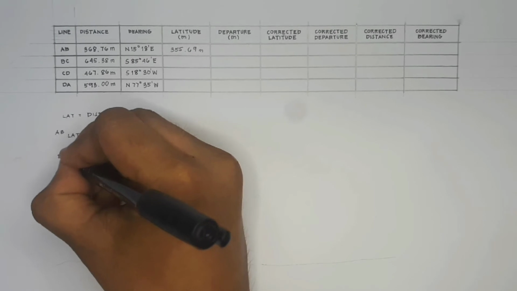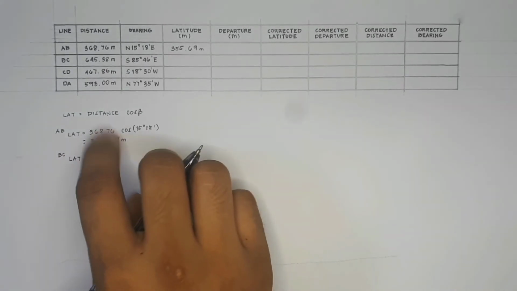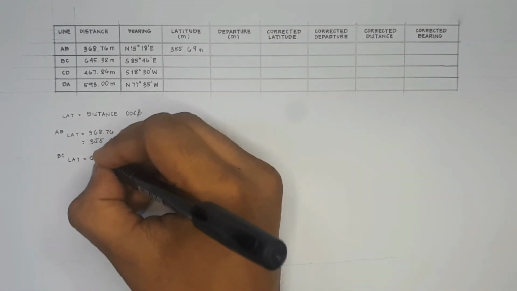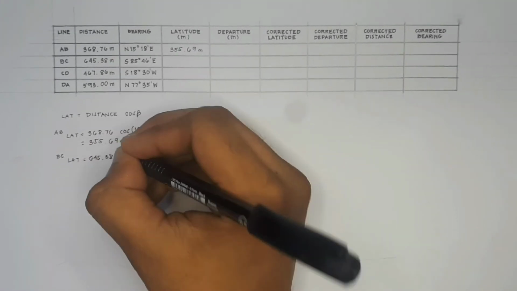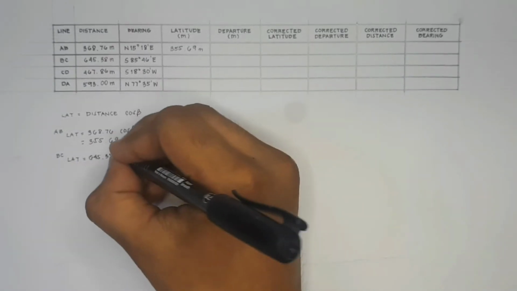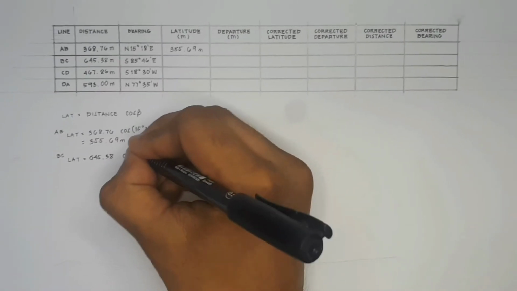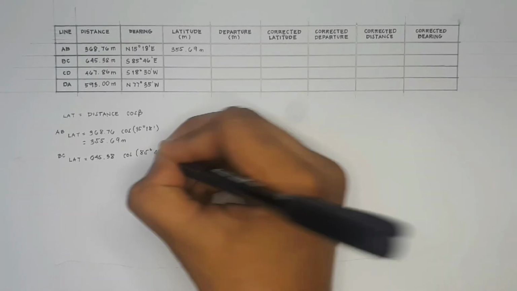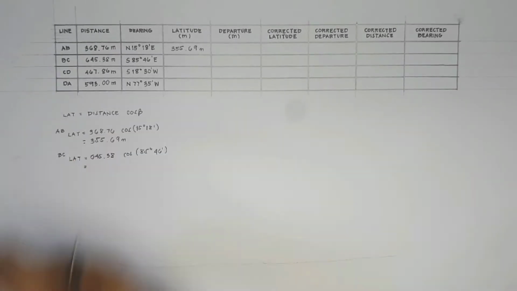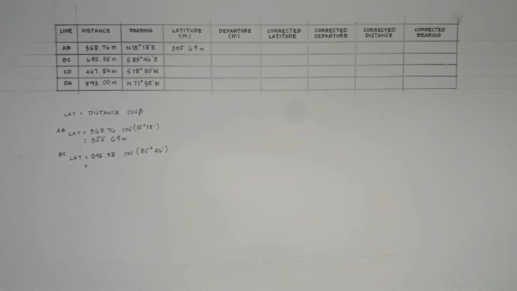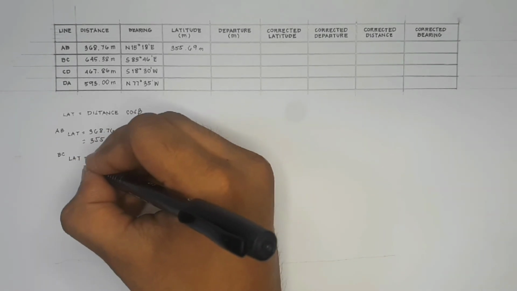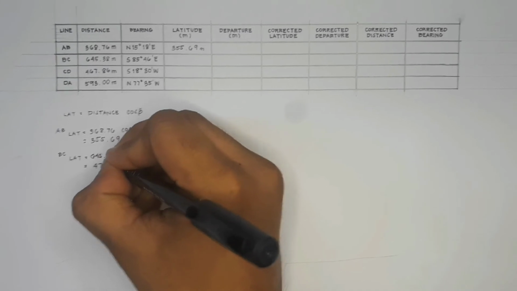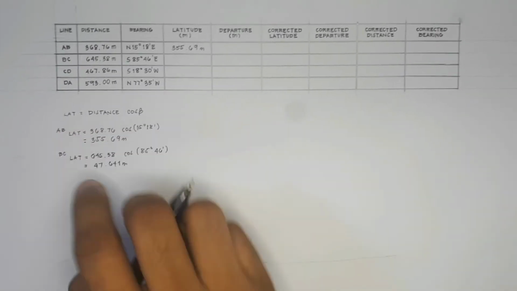Next we have the line BC. So latitude is equal to the distance, which is 645.38 meters, times the cosine of 85 degrees 46 minutes, and this gives us 47.641 meters.